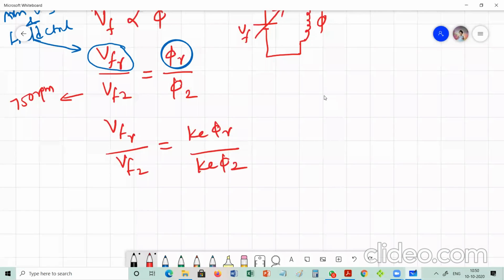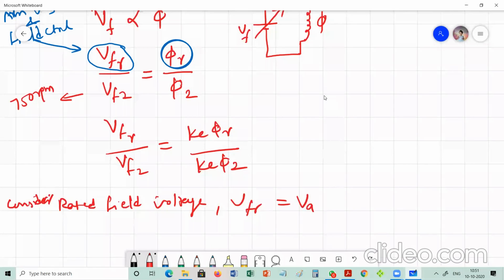We have to consider what will be the value of Vfr. In the problem the value of Vfr, the rated field voltage, is not given, so we have to consider the rated field voltage Vfr is equal to the rated armature voltage Var, which is 220 volt.